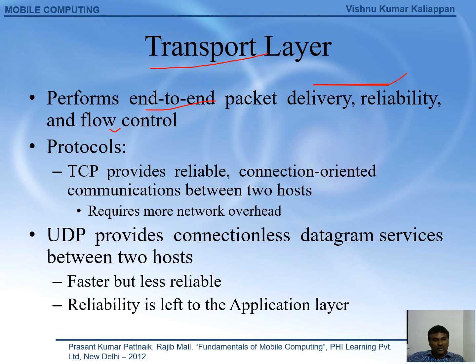TCP provides reliable, connection-oriented communication between two hosts and requires more network overhead. UDP provides connectionless datagram services between two hosts. It is fast but less reliable; reliability is left to the application layer.